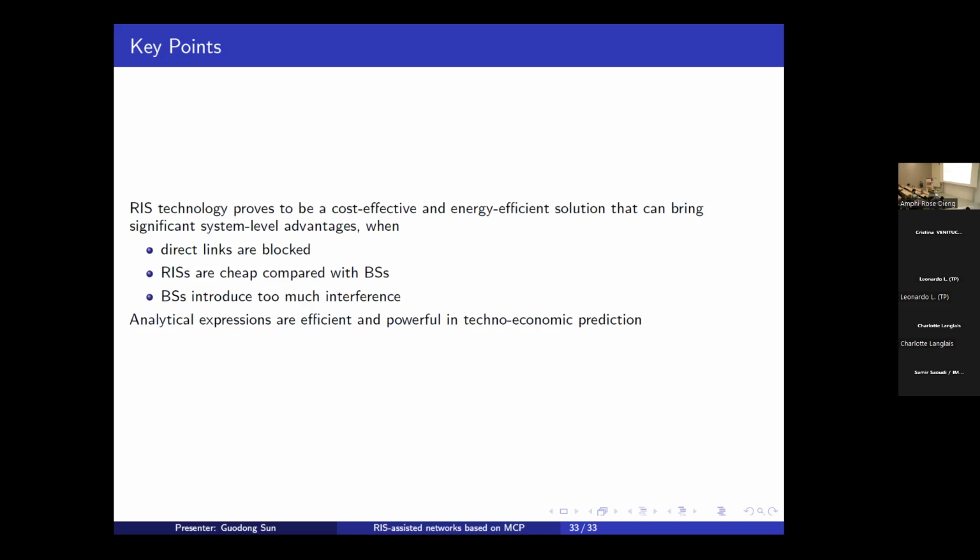Or when the base station introduces too much interference, probably the only choice is to deploy RISs. We see from our work that you can get an analytical expression. It's more efficient than simulation, and it's powerful in techno-economic analysis. So here is the talk.